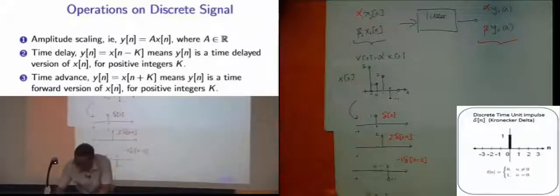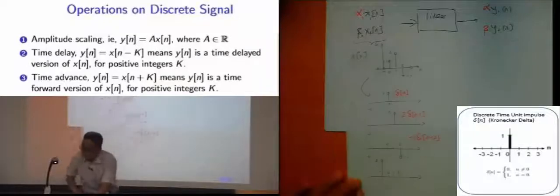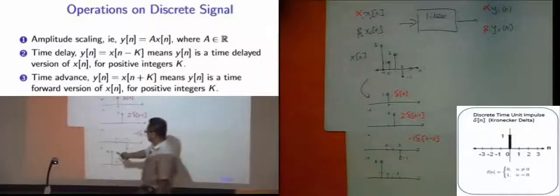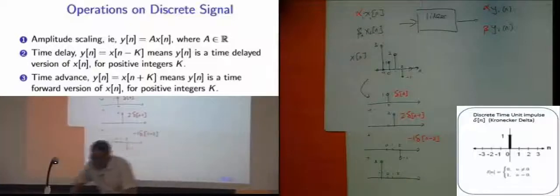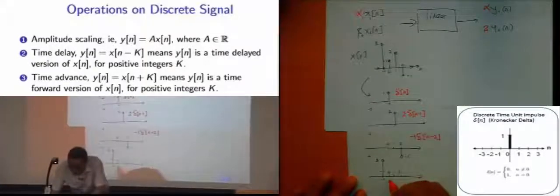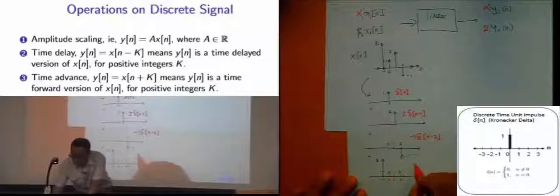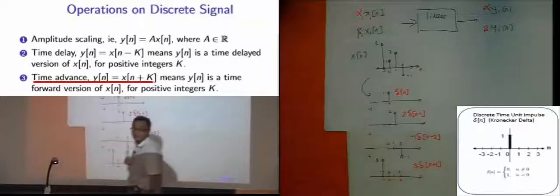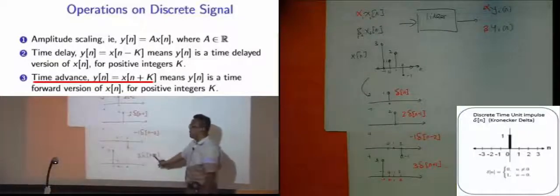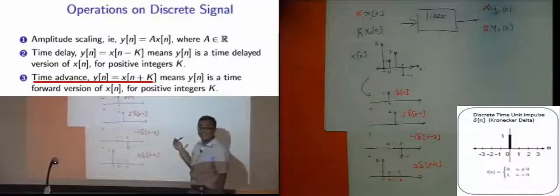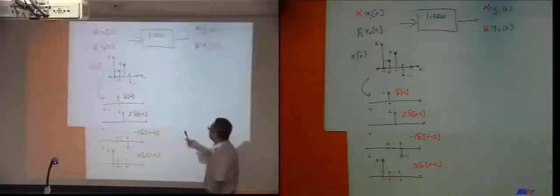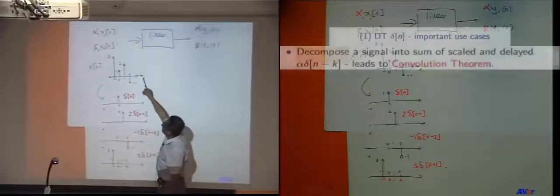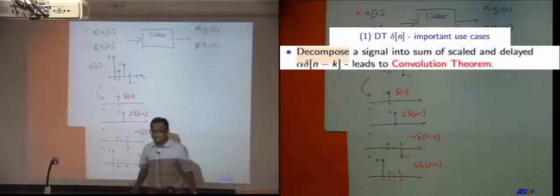So this one will be firing at 3, and his name is 3 delta n plus 1. That will confuse a lot of students: at this side it is plus 1, at this side it is minus 1. So what did I just do? I have decomposed a complicated signal into small parts.